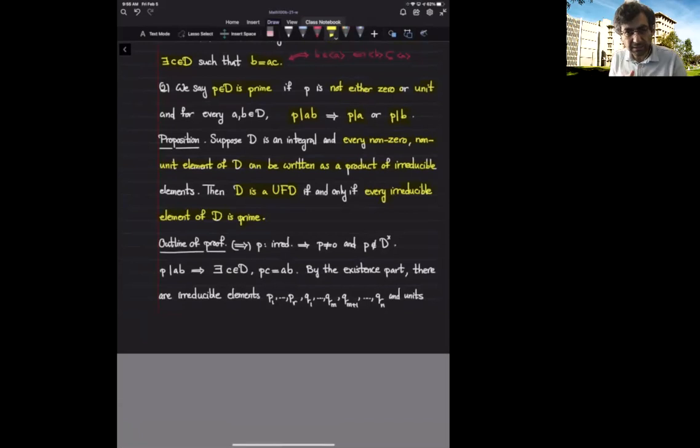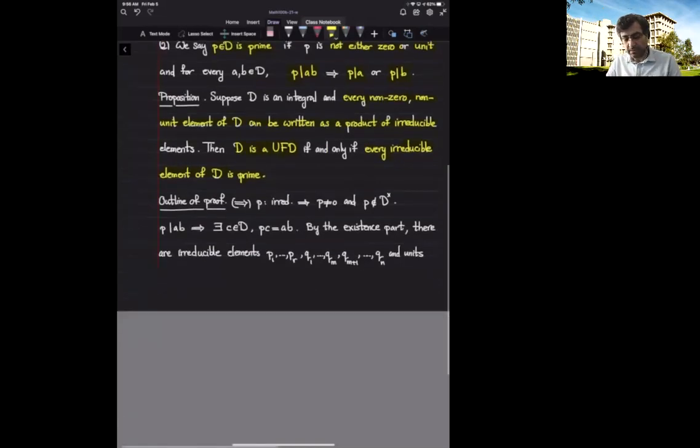Again, let me repeat: assume that I do know the existence part of the factorization, that every non-zero, non-unit element of this ring can be written as a product of irreducibles. From there, I want to deduce that D is a UFD precisely when every irreducible element of D is prime. This is an if and only if statement, so I have to be able to go from one side to the other and vice versa. Let's go from left to right.